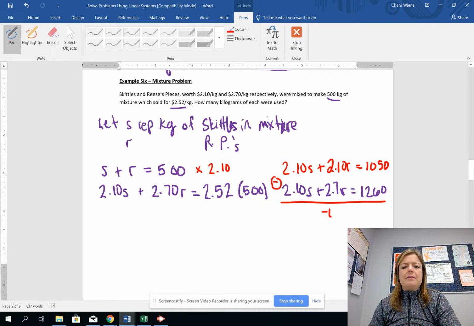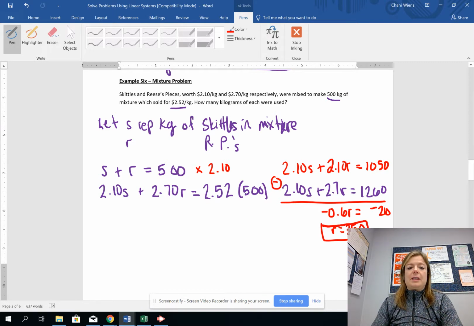This gives me negative 0.6R equals negative 210. So if you divide both sides by negative 0.6, you get 350. So that means out of the 500 kilograms, 350 were from the Reese's Pieces.